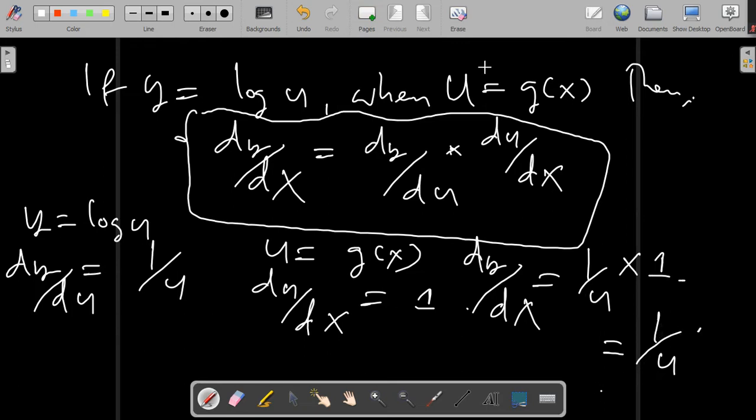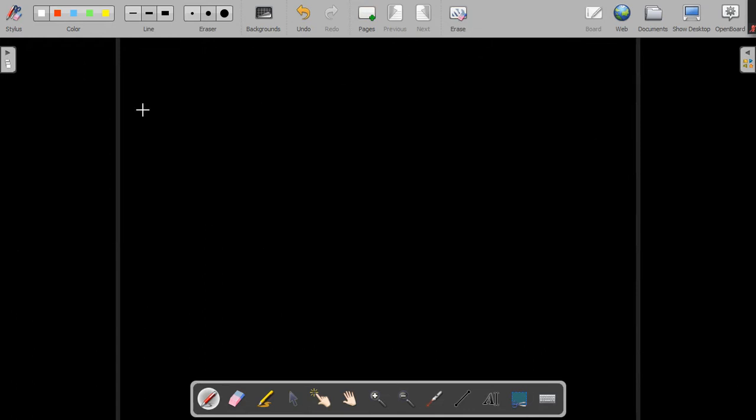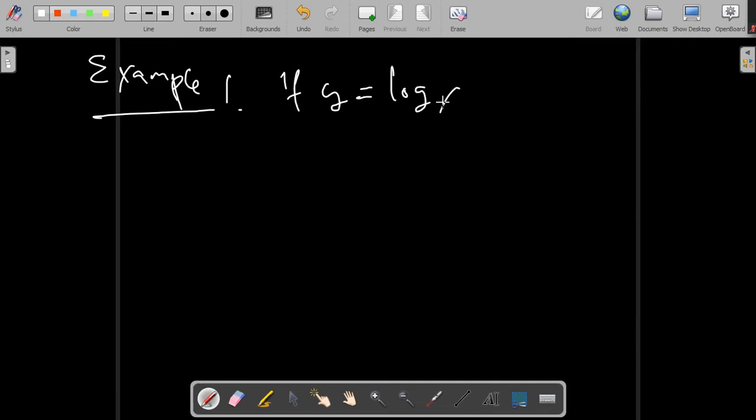Now, let's look at another example. If y is equal to log x cubed, find dy over dx.